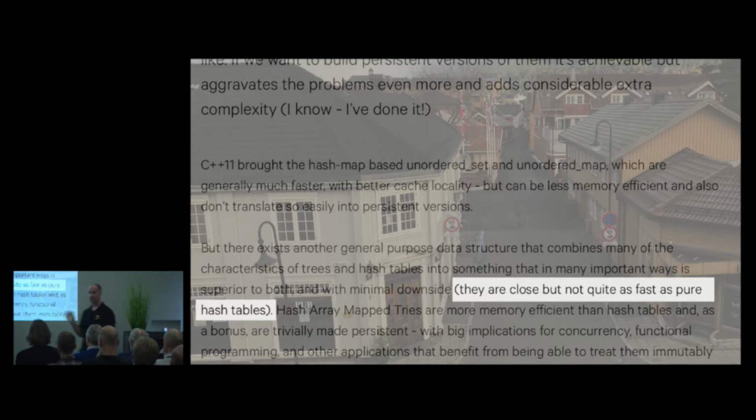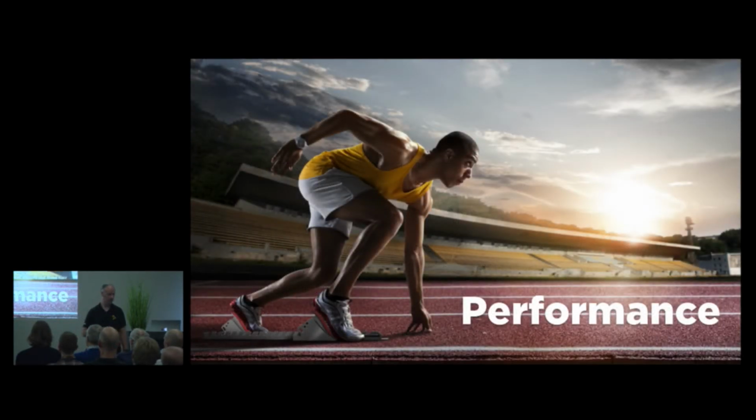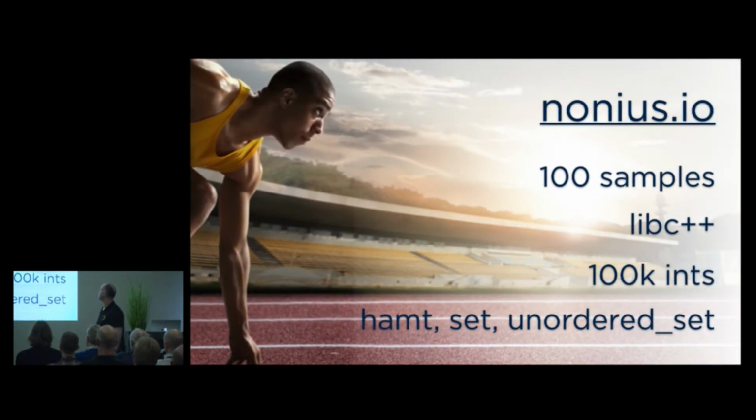Now, I've written a reference implementation of this. It's not complete for usability purposes, but it's complete enough to run some tests on it to see how this plays out. So I'm going to have a look at some graphs now and draw your own conclusions. So we look at the performance. My methodology is, I used a micro-benchmarking framework called nonius.io.